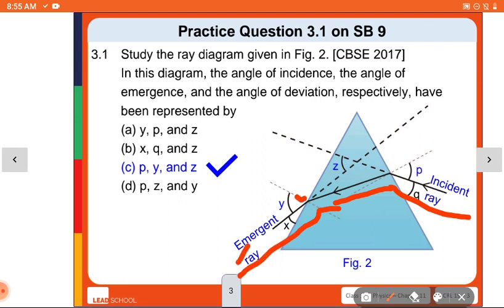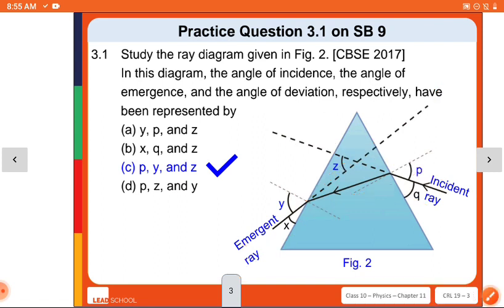When we produce the emergent ray backward and trace the incident ray further straight, where both lines intersect, that is known as the angle of deviation. So at last, P, Y and Z are the angle of incidence, angle of emergence and angle of deviation.